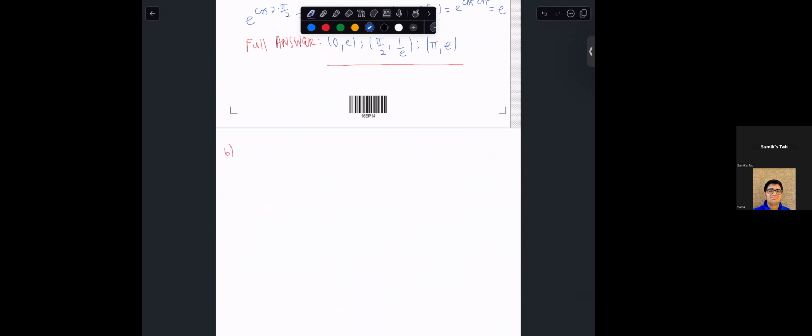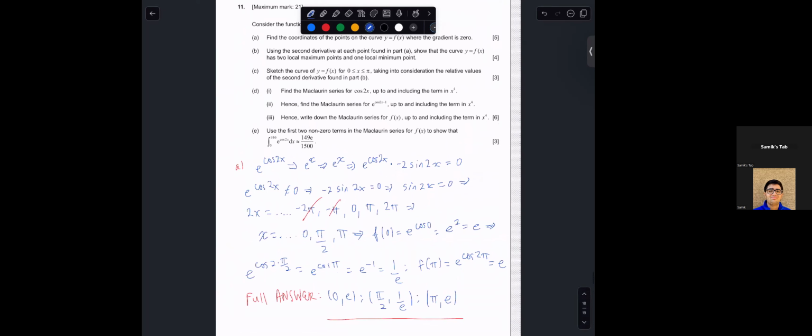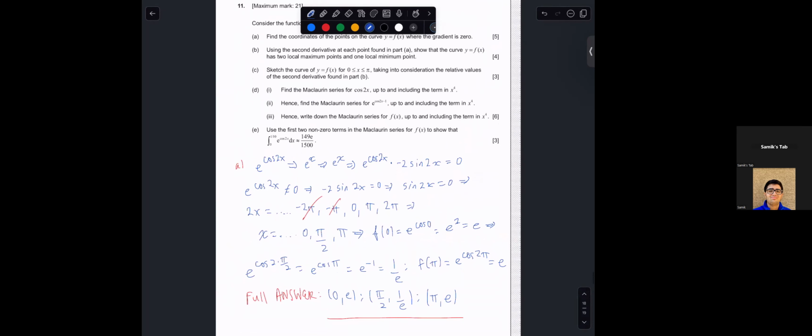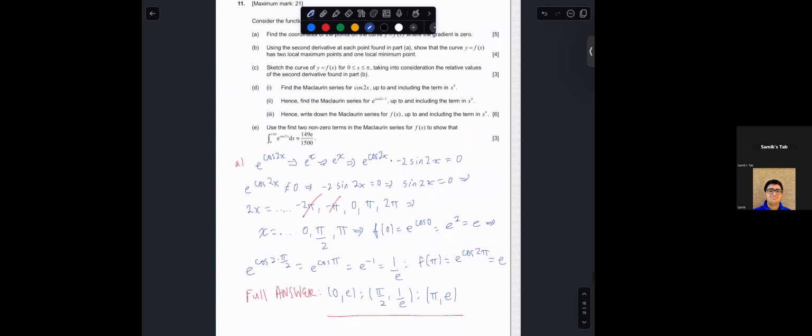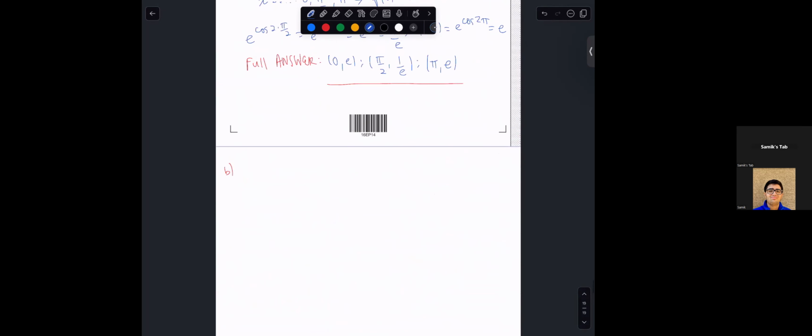B part. The second derivative of what we had before, which was e^cos 2x into minus 2 sine 2x.